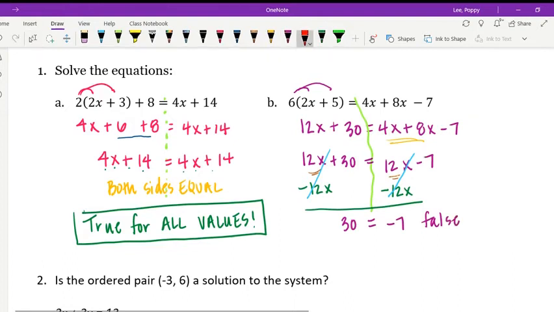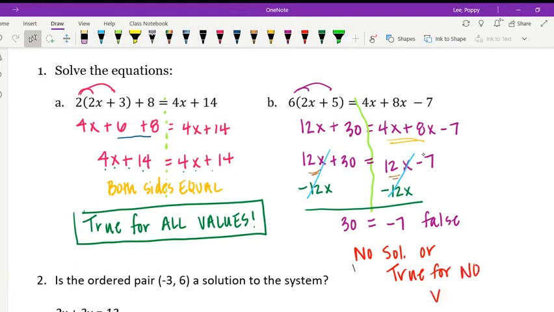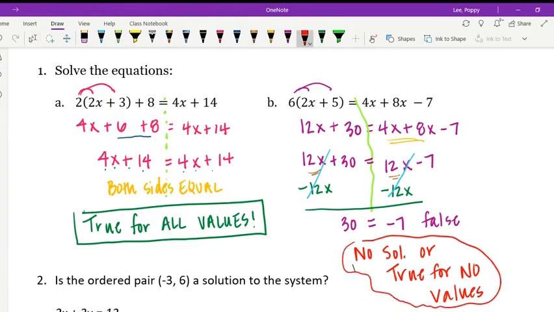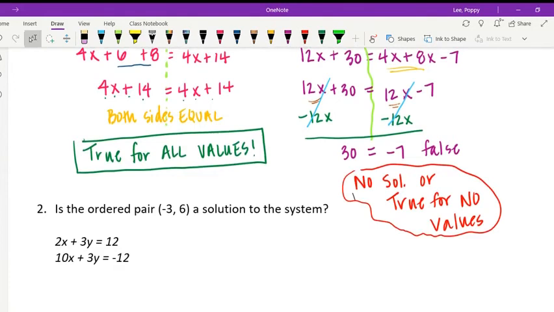So the answer to this one, you can either write no solution or true for no values, because there's nothing that's ever going to work in this equation. If I plug it in for x, multiply by 12 on one side, add 30, but yet on the other side, multiply by 12 and subtract 7, there's no way you're going to get those two sides to be equal.